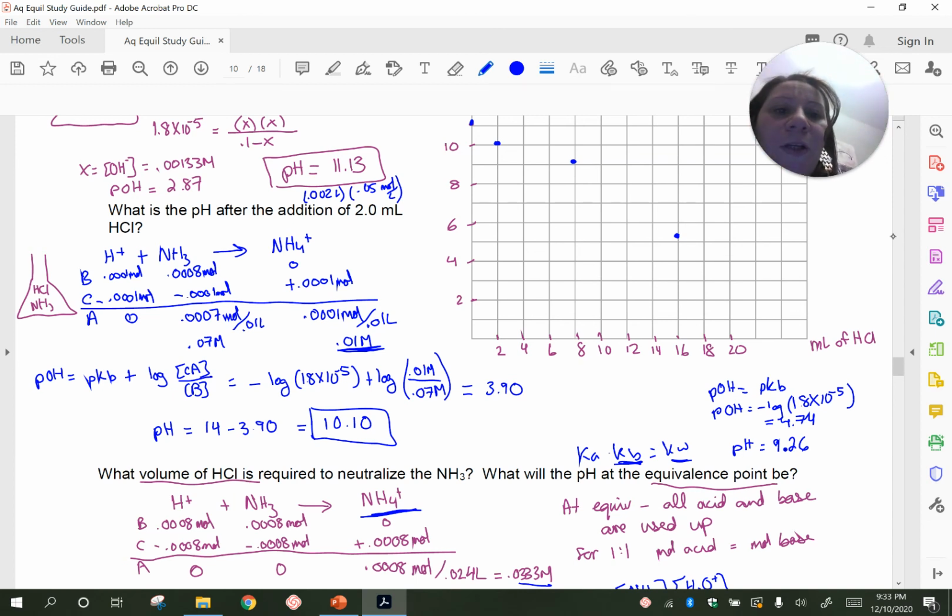So this point is where it's half a neutralization point. pOH equals pKb, or pH is equal to pKa. We said this is our equivalence point right here. This is our initial.